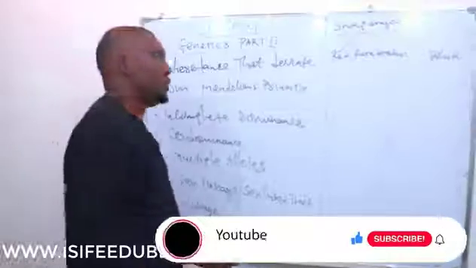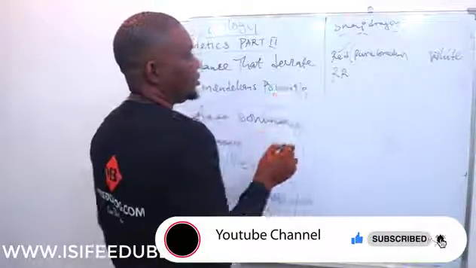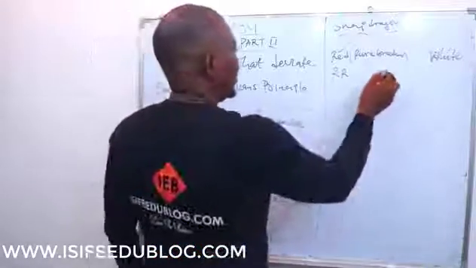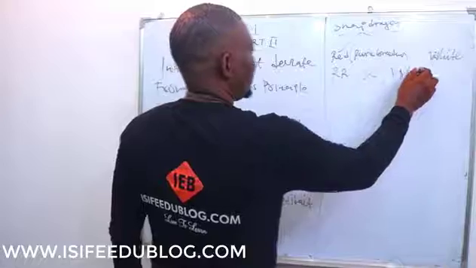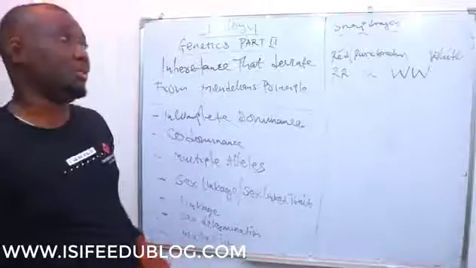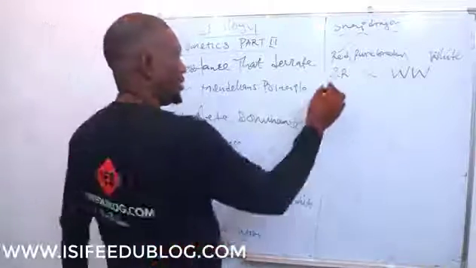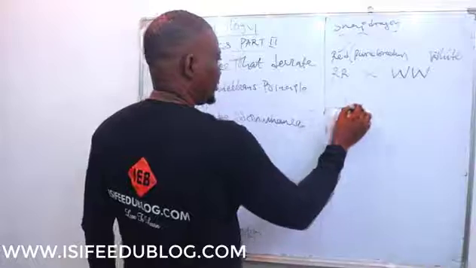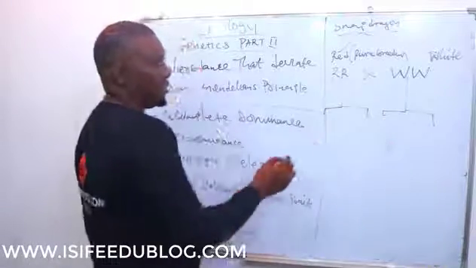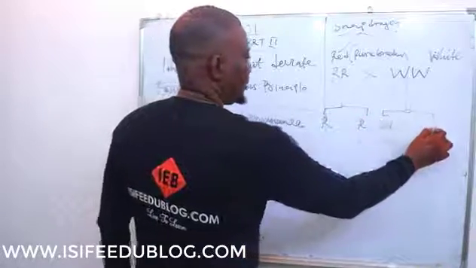Okay, the genotype for red is given as this. One may think that one is dominant, and one may also think that neither is dominant or recessive. The law of segregation says that these pairs of genes separate, and it looks like monohybrid, single factor inheritance.